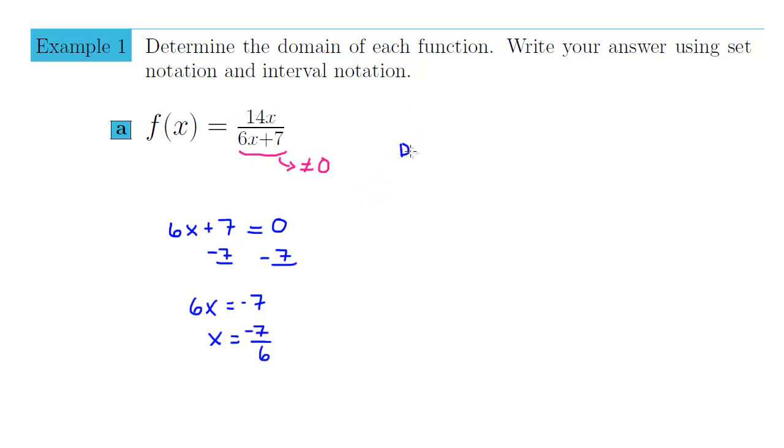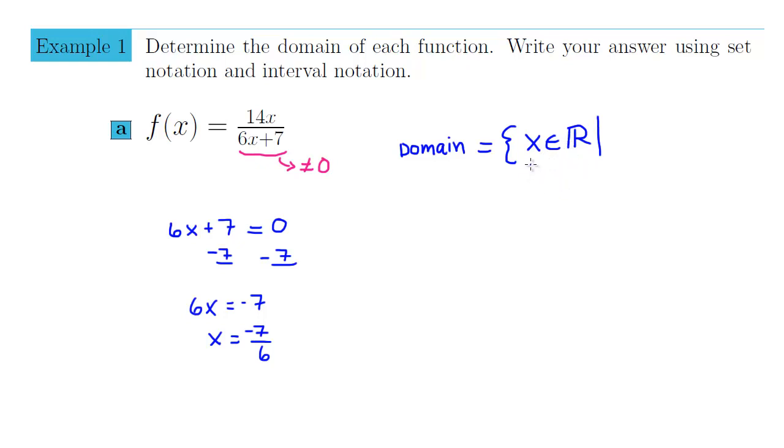So let's express the domain of this function now using both set notation and interval notation. If I want to use set notation, I use these curly brackets, and I would say that the domain of this function is all x values that are elements of the real numbers. This might be new notation for you. This means element of, and this means real numbers.